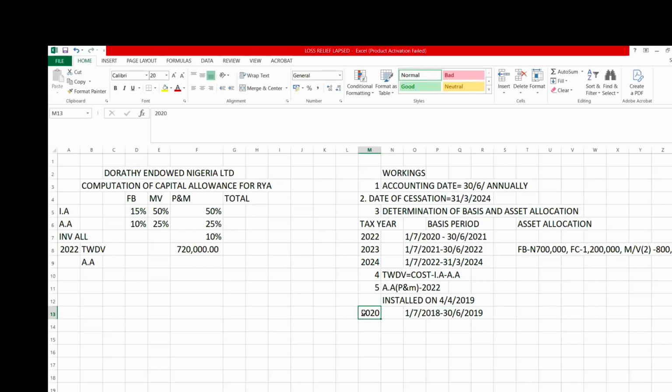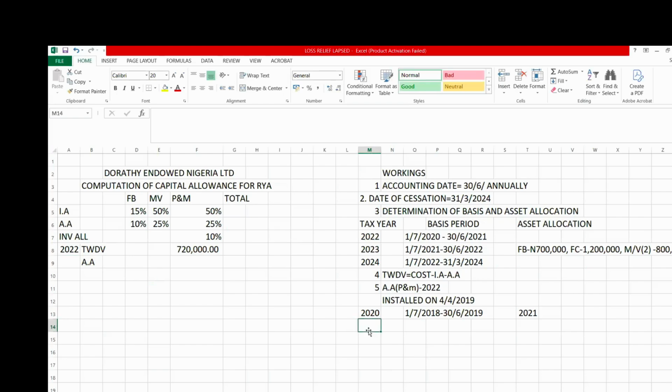This company started claiming capital allowance on this asset from 2020 year of assessment, and we are now in 2022 year of assessment. That means before this 2022, they will have claimed annual allowance for 2020 and 2021 year of assessment, that is 2 years, before this 2022 year of assessment.